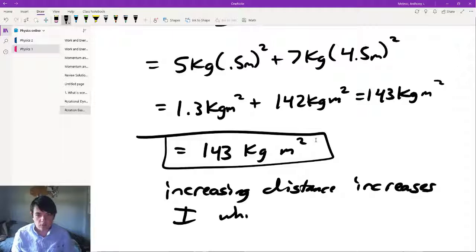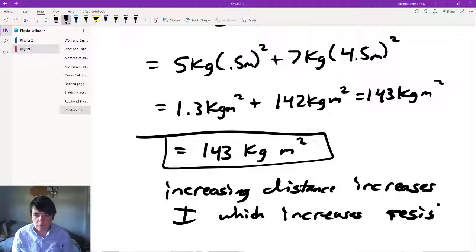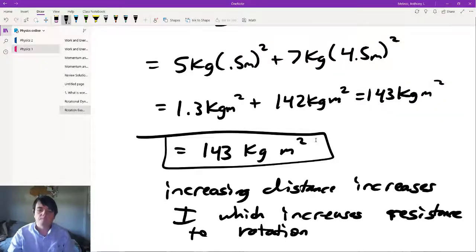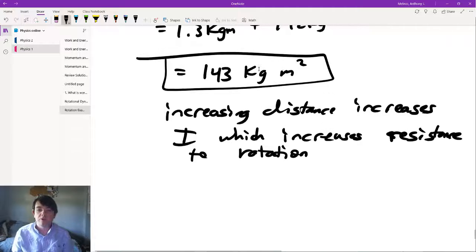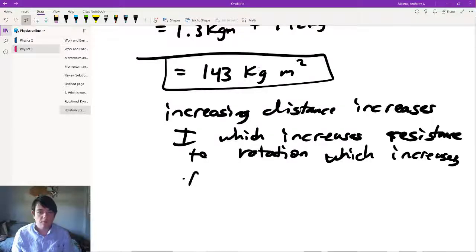And again, this just increases I, which increases resistance to rotation, which increases force required.